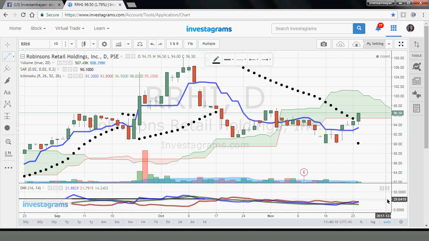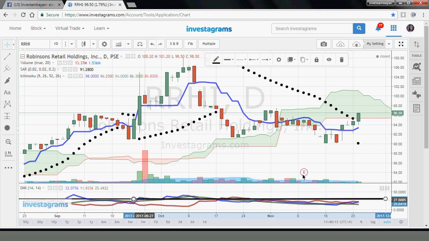Check natin confirmation, si DMI ranging to. Ang mangyayari dito kasi ranging to, pwedeng consolidate dito na area. That's fine, that's good sign of good reversal. Short-term reversal. Kapag tuloy ito, mabutas niya tong cloud with diretso uptrend niya. Good. Check natin.